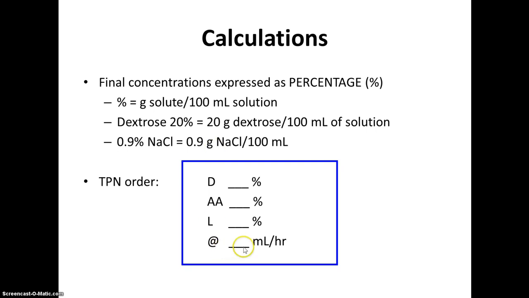And another important point is the nurse needs to program the infusion pump in terms of milliliters per hour. So it's important, after you've determined your percentages and your volumes, to always remember to convert the total milliliters per day that the patient needs to a pump rate. In other words, mils per hour. For an adult, it's usually somewhere between 75 to 100 mils per hour.